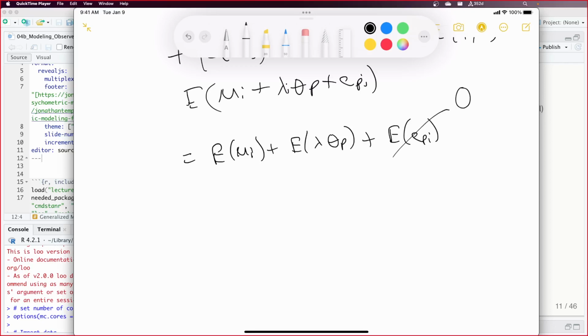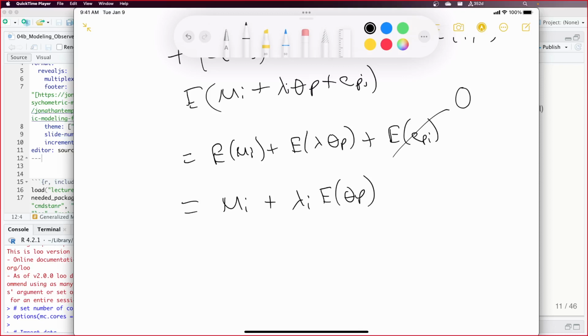The expected value of a constant, the mean of a number, is just the number. Mu is a constant here, so this is just going to be mu. If you have a constant times a variable, the expected value is the constant times the expected value, right? And now what we're left with is our model defined, effectively.